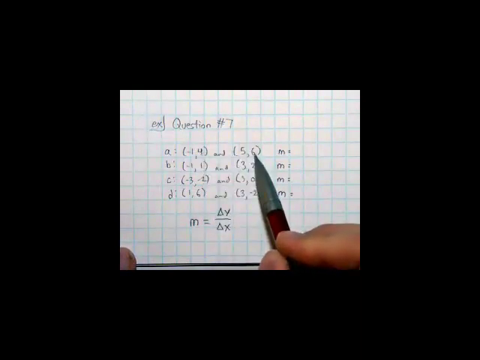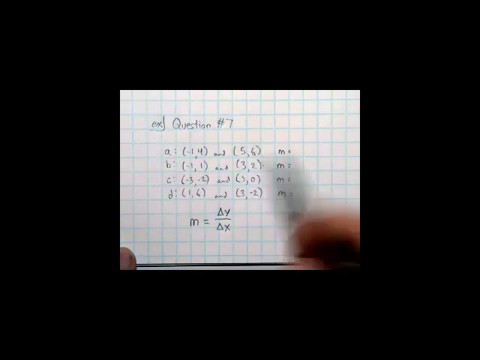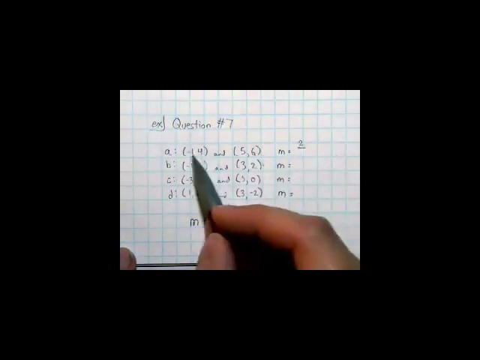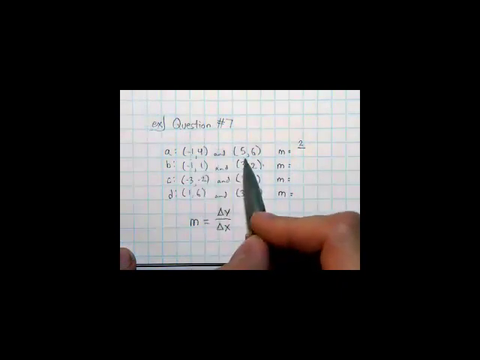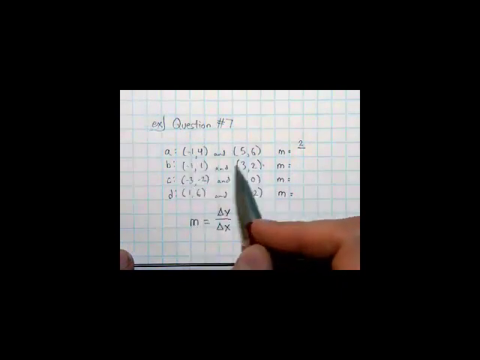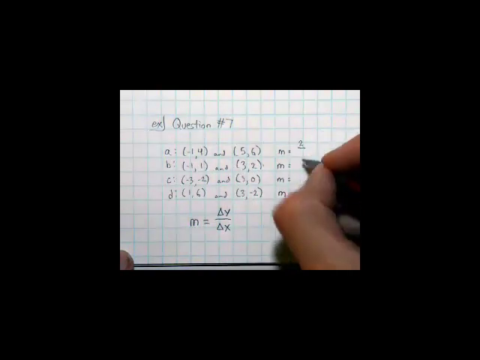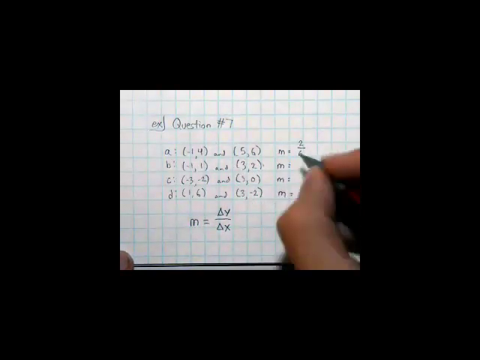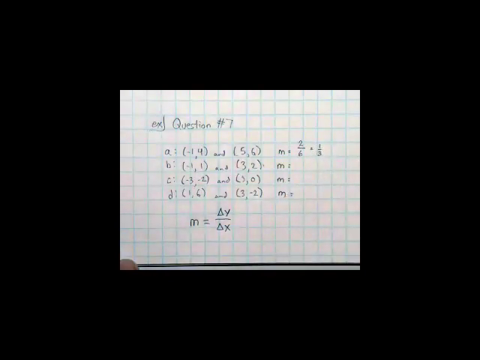What is the change in the y? 2. Okay, so this slope is 2 on top. -1 is the x. Up to 5, what's the change in the x? Yes, 6. So I got 2/6, which is 1/3. Reduce that to 1/3.